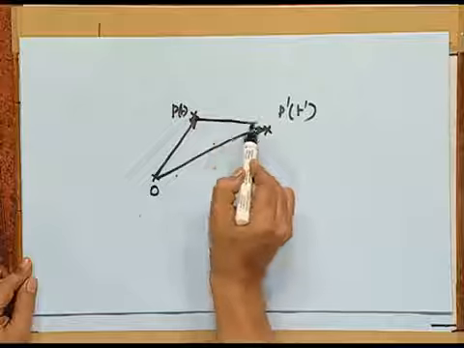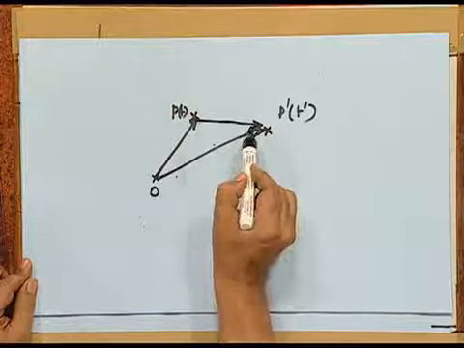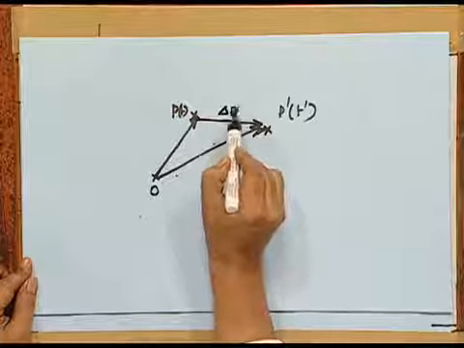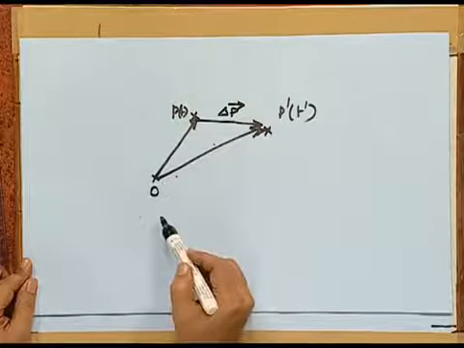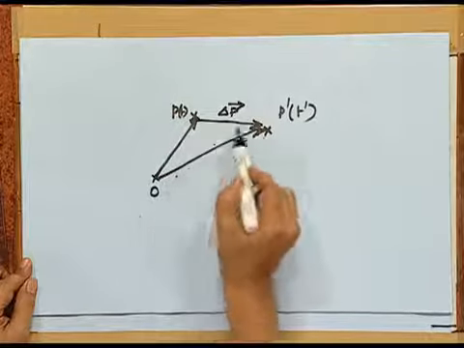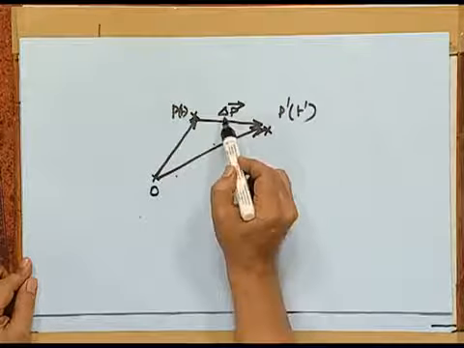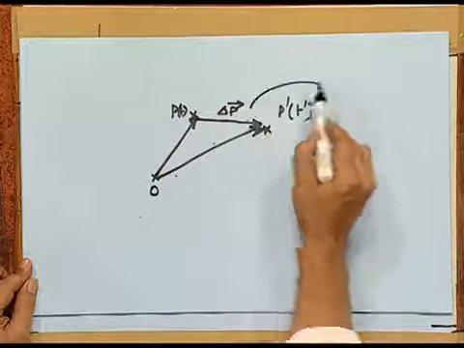Now, there are two position vectors. If you join the line these two position vectors, we represent the third vector, which is called delta P. The change in position from point P to P dash, this delta P is called the displacement vector.